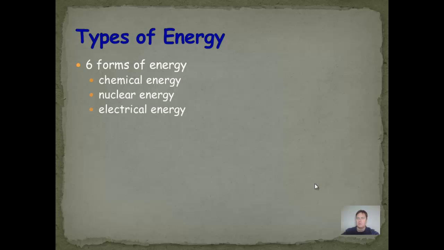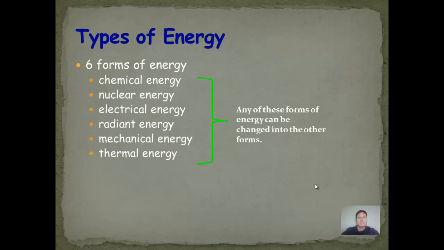We have electrical energy flowing through all that, the movement of electrons. There's radiant energy we talked about, which is electromagnetic waves, mechanical energy, energy of movement, and then thermal energy, energy of heat.